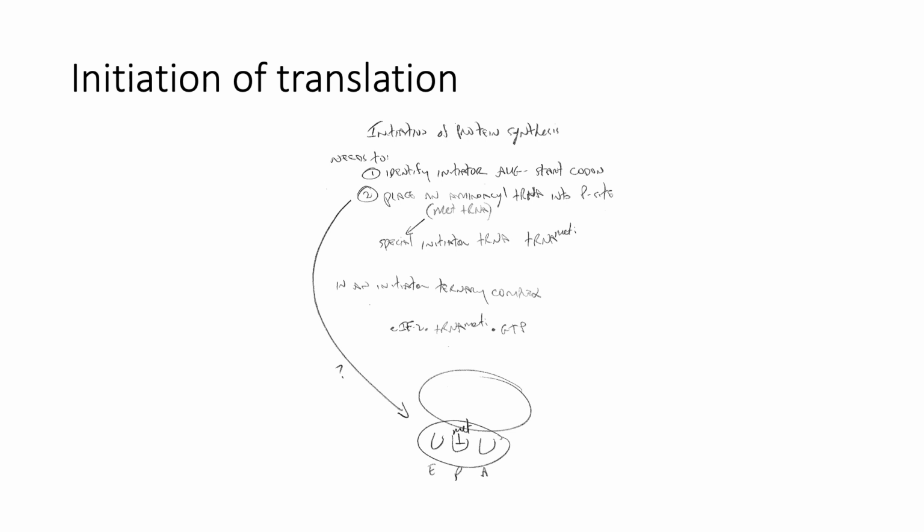So the question is, how did that aminoacyl tRNA get into the P site? Because normally what we saw is the aminoacyl tRNA goes into the A site. And then there's a reaction that takes place, and it elongates the protein, and then the peptidyl tRNA is in the P site.